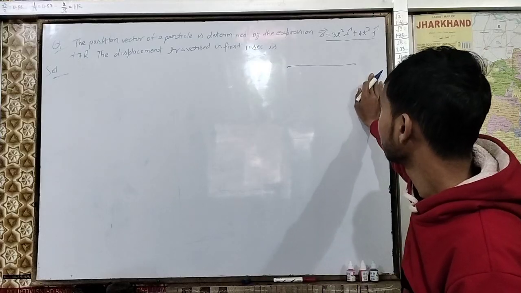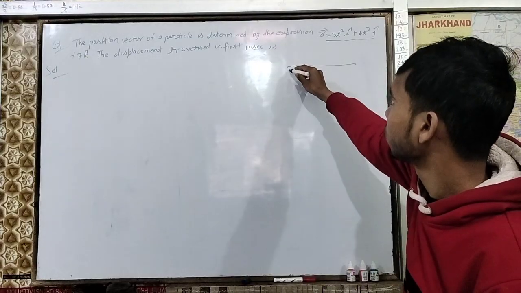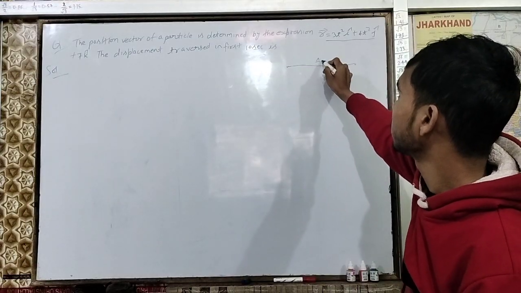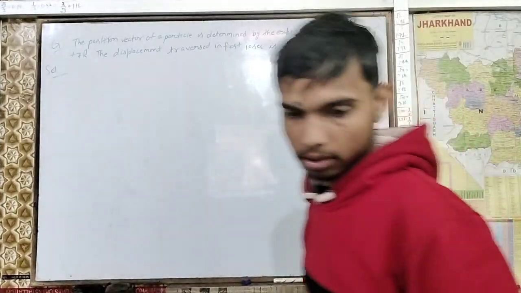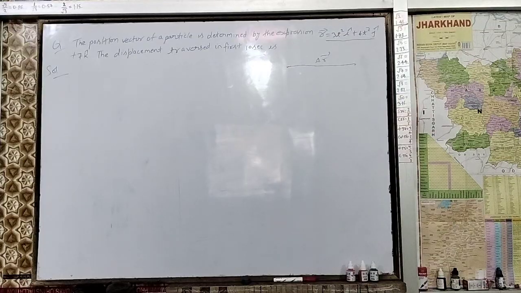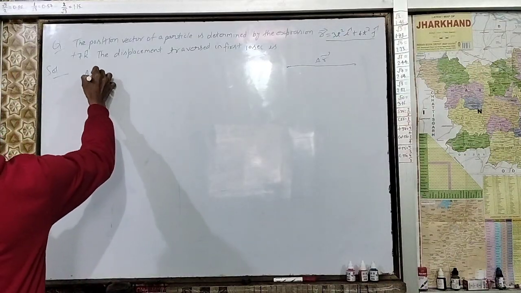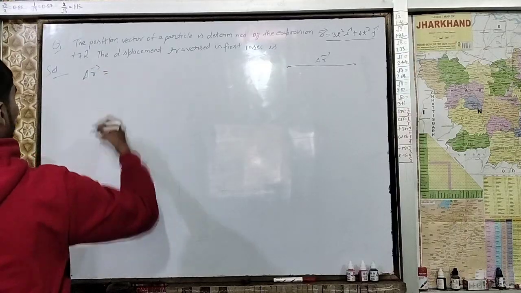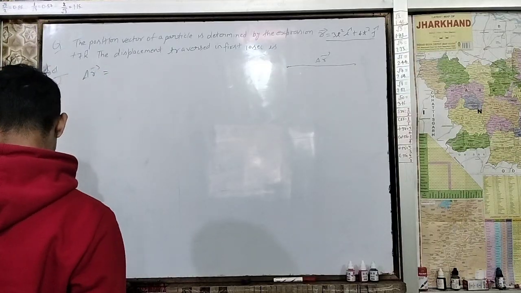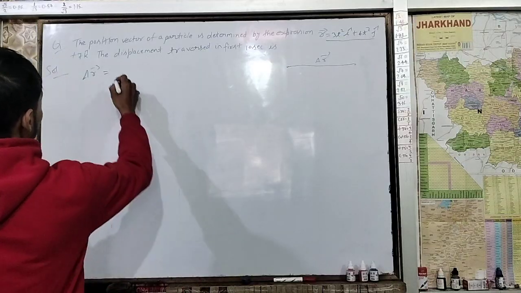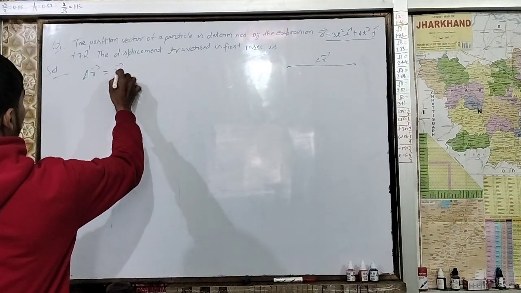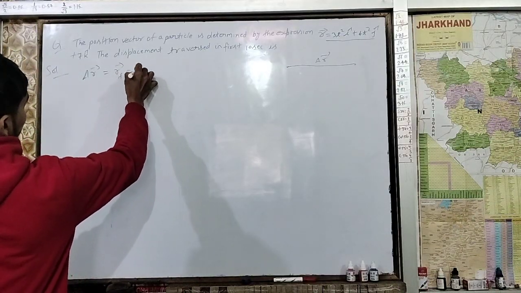What is the displacement which that particle moved? It is asking this complete delta r vector. Clear? Delta r vector is nothing but r2 minus r1, final position vector minus initial position vector.